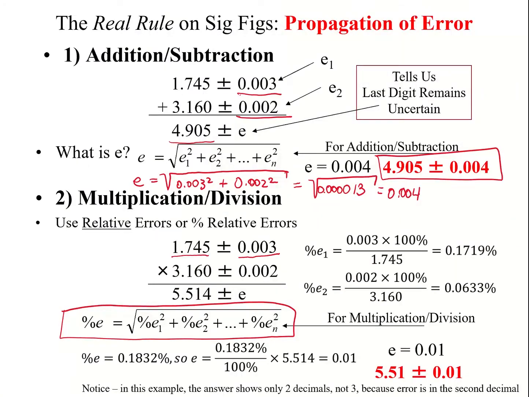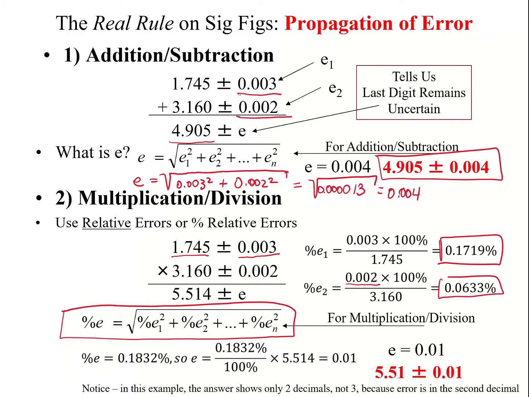So 0.003 divided by 1.745, and then express this as a percentage by multiplying by 100%. So here is my percent uncertainty for the first value, and I do the same for the second value. I take my absolute uncertainty 0.002, divide by the measured value 3.160, and multiply by 100%.